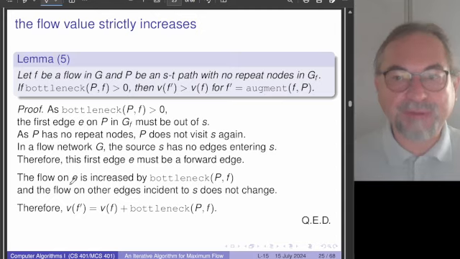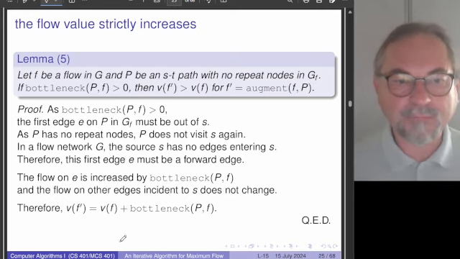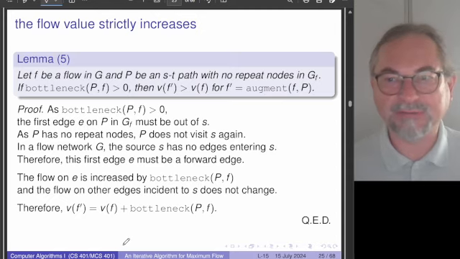It's also important that in a directed graph we can have cycles, but we have no repeat nodes on our path. So we never visit the sink again. That's it, basically. We have integer values and the flow value always strictly increases.